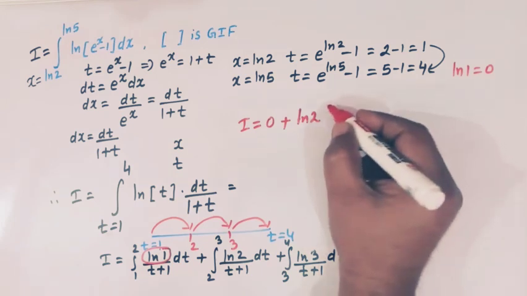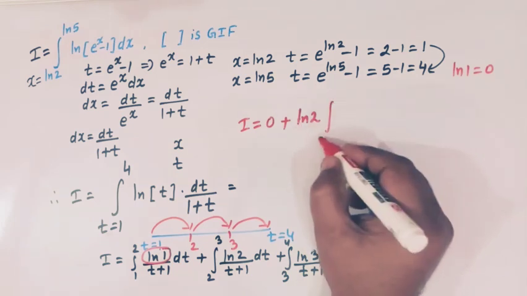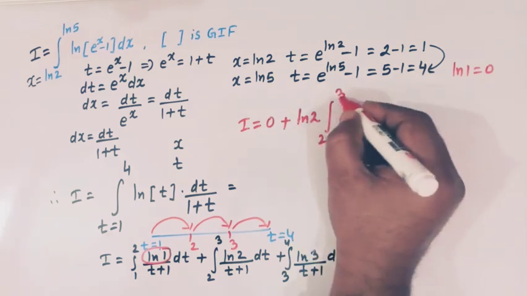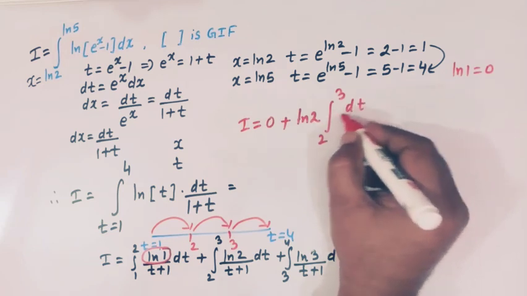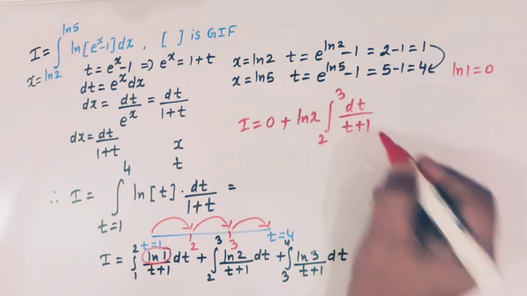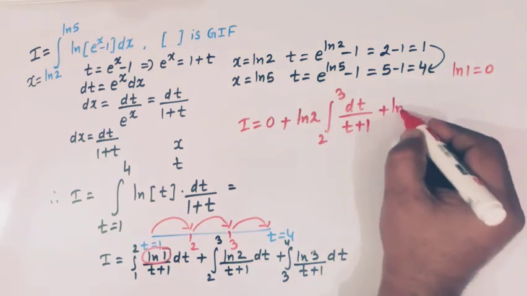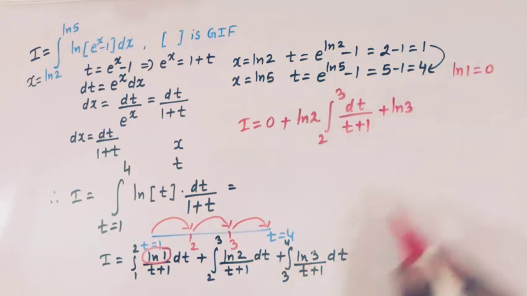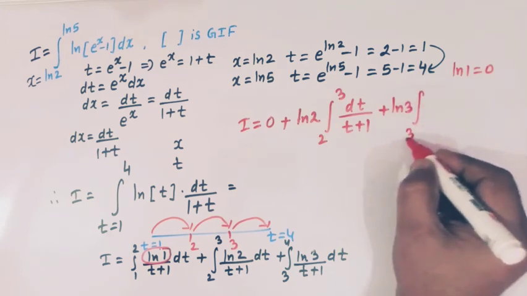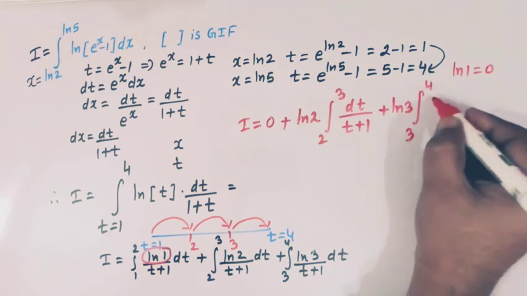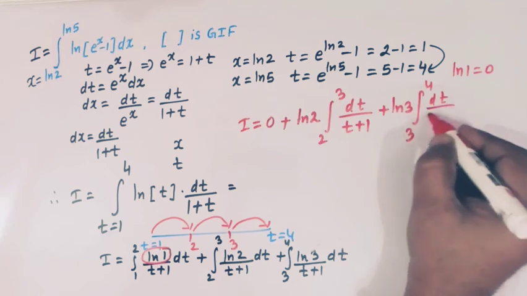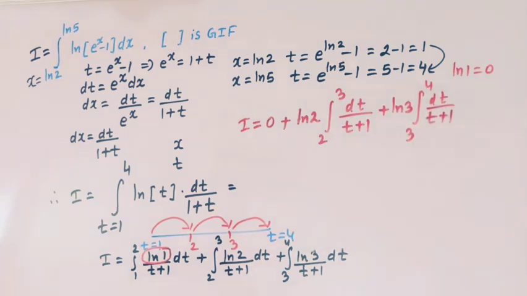So we have log of 2 and the integral from 2 to 3 of dt over t plus 1, right? And similarly here also we can take log of 3 outside the integral, and we have the limits from 3 to 4 and dt over t plus 1, right?